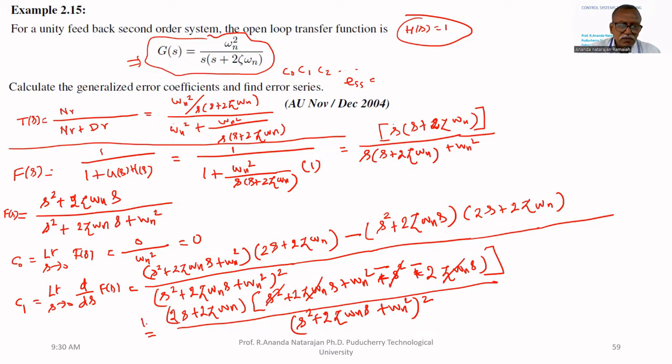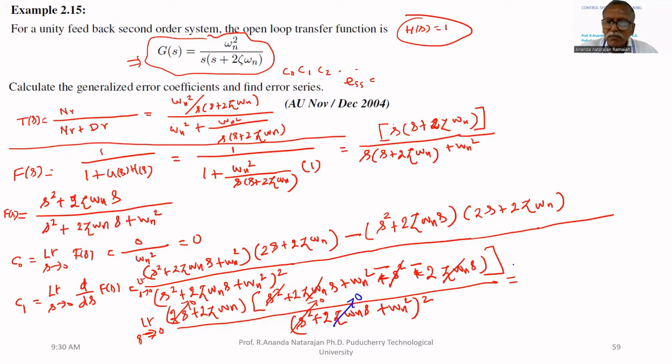Limit s tends to 0. Here also limit s tends to 0. If you substitute s tends to 0, this term becomes 0, this also becomes 0.